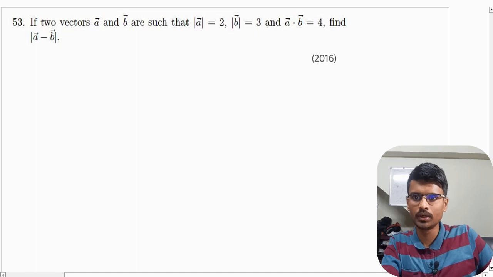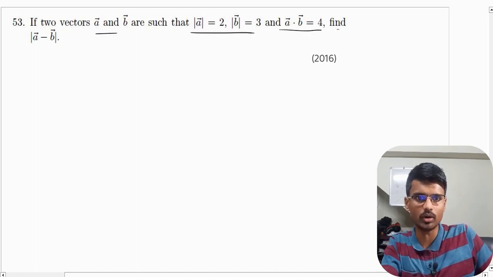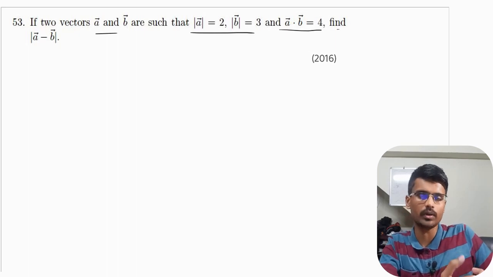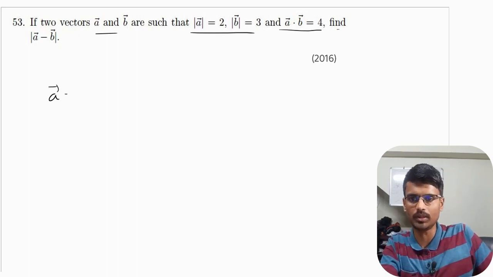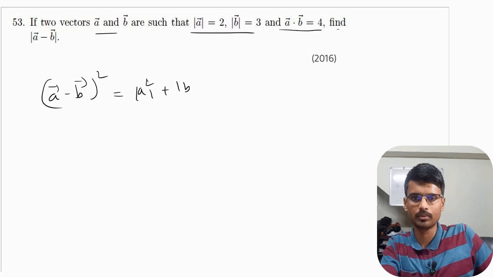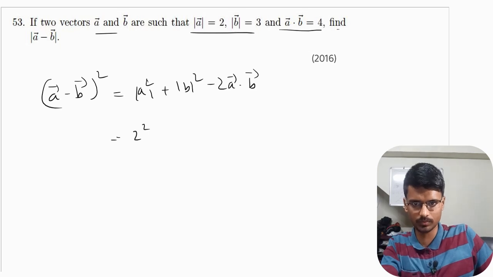Moving on. If two vectors A and B are such that their magnitudes are given and A dot B is given, find A minus B. In this type of question, the simplest method is to square. Take the square of A minus B: you get A square plus B square minus 2 A dot B. All of them are given: A is 2, B is 3, and A dot B is also given.